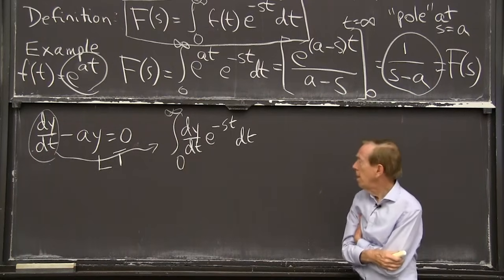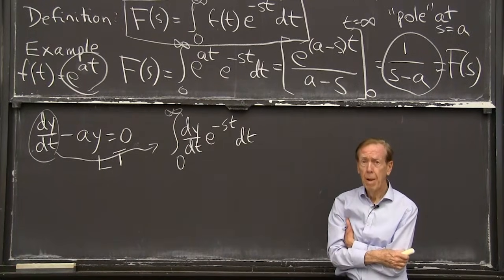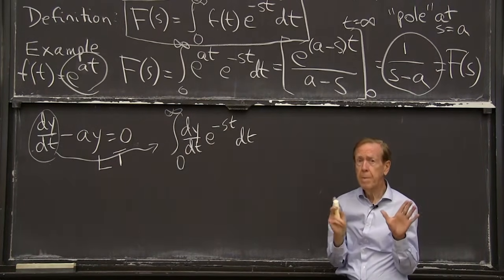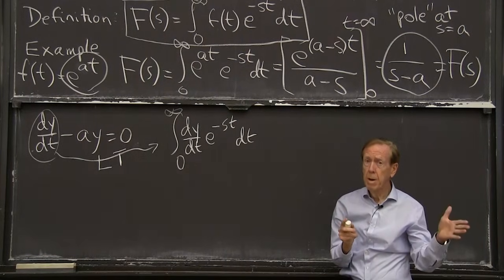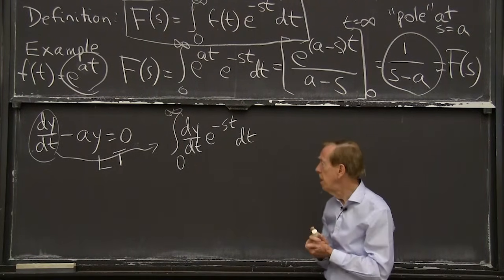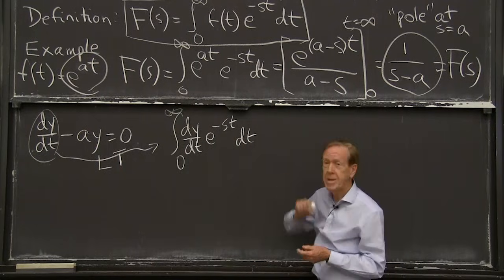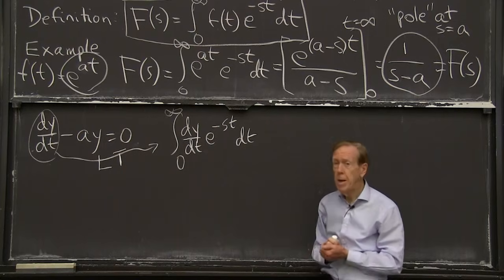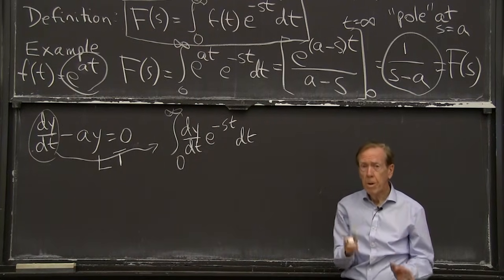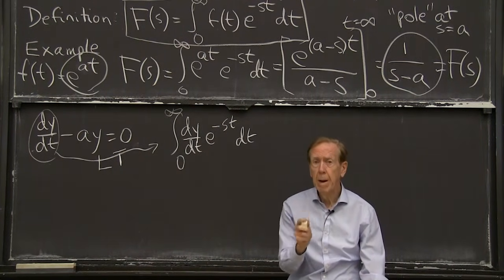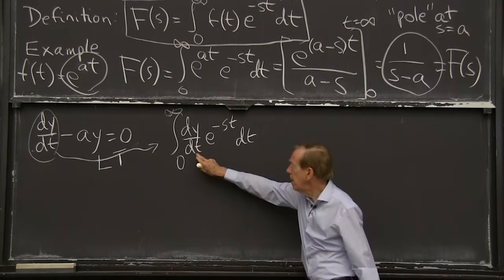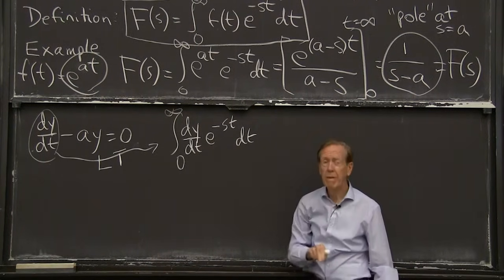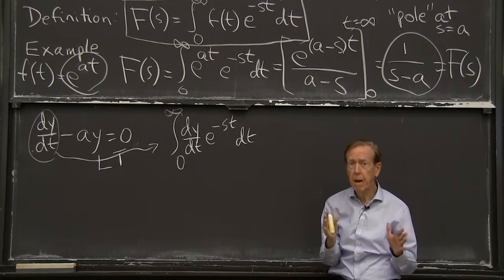Now, what can I do with that integral? This is a step that goes back to the beginning of calculus, but it's easy to forget. When you see a derivative there inside that integral, you think, I could integrate by parts. I could integrate that term and take the derivative of that term. That's what integration by parts does.